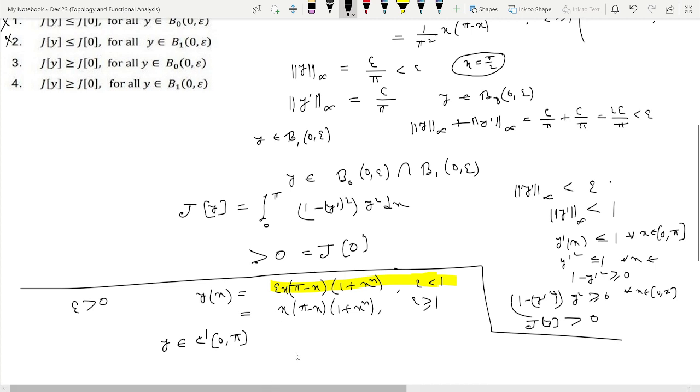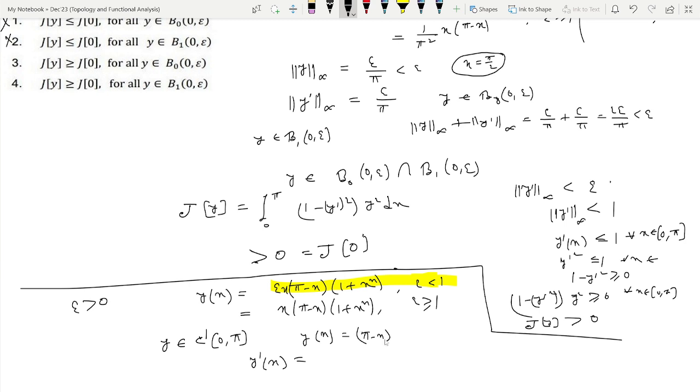And see here, y'(x) equals... write this y(x) as (pi minus x) into (x plus x to the power n plus 1).